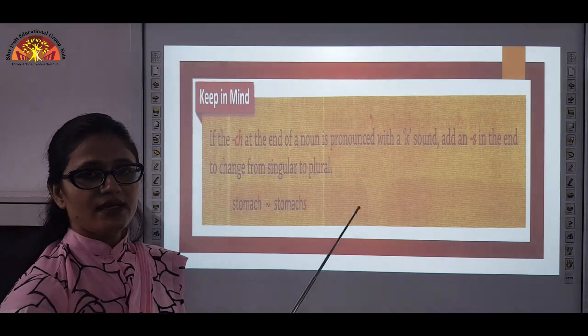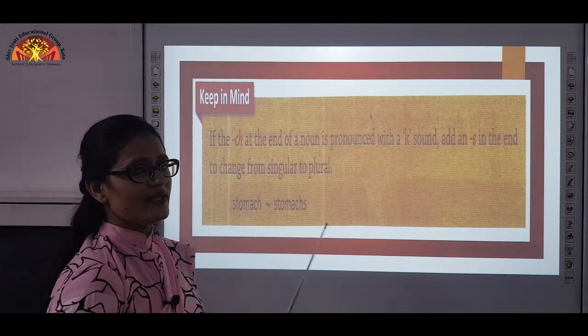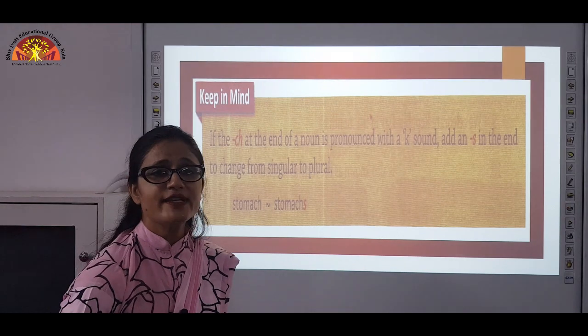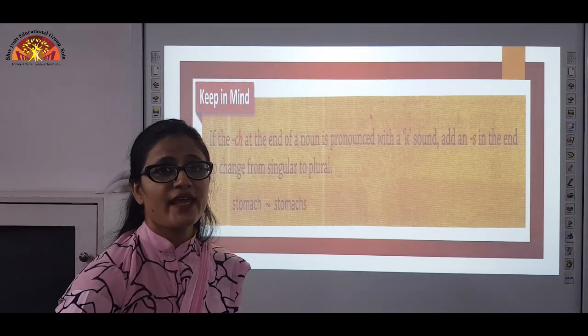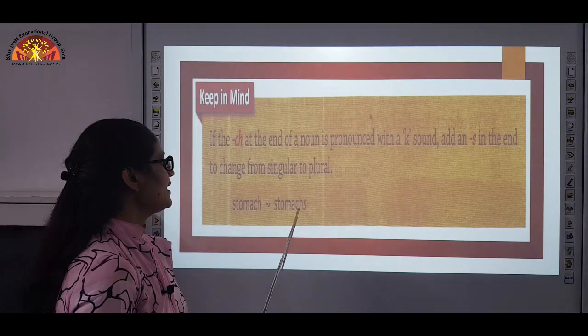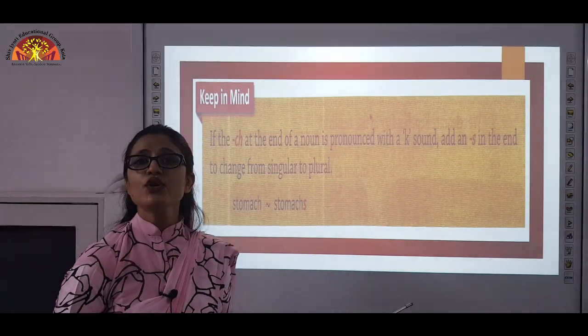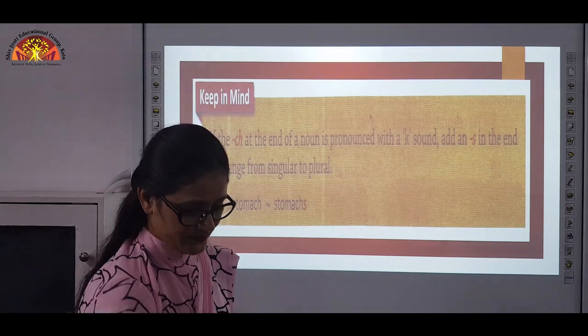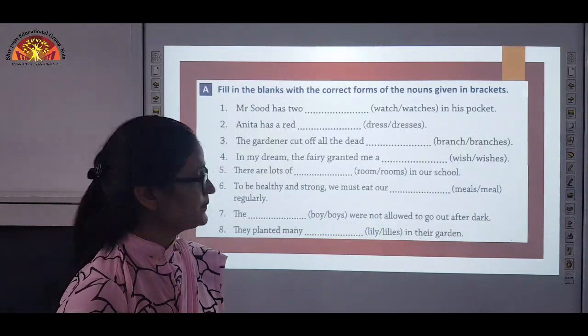You can see at the end there is CH, but the hissing sound is not there. Instead of the hissing sound, there is the sound of K. So if the sound of K is there, we can simply add S to it and convert it into plural form, right. So this is an exception.